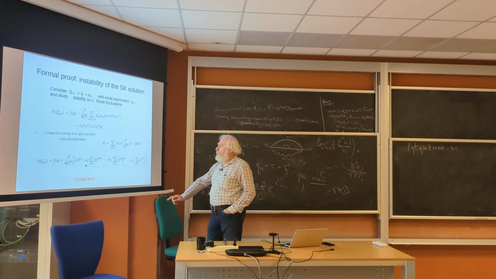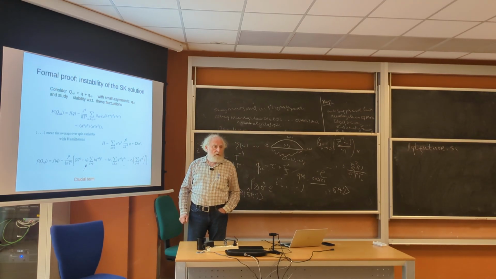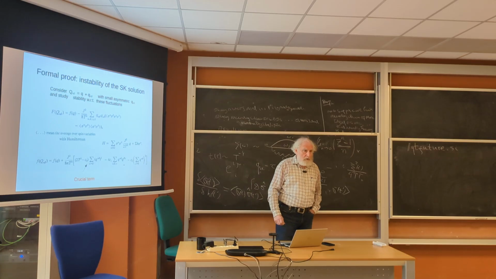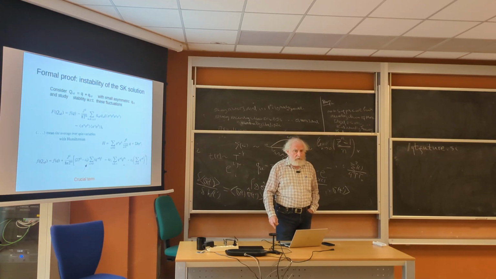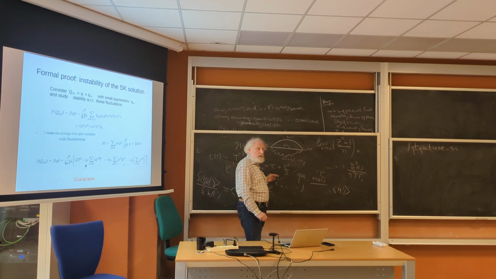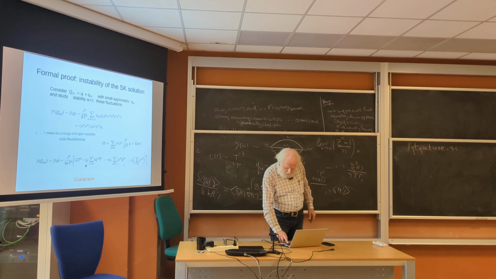So exactly these fluctuations diverge because the coefficient in front of the quadratic term is negative. It tells us that the solution cannot be correct, although it gives in the main order in T minus Tc a reasonable answer, but it is not stable and should be somehow corrected.